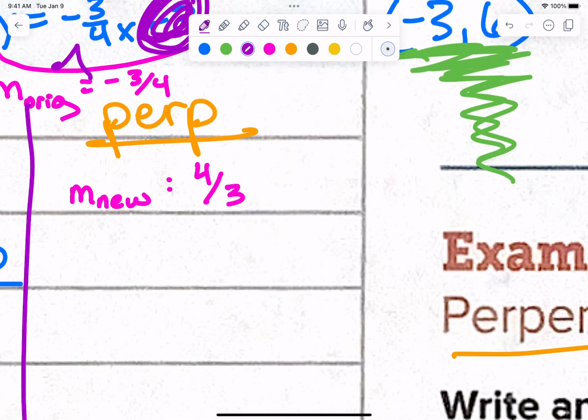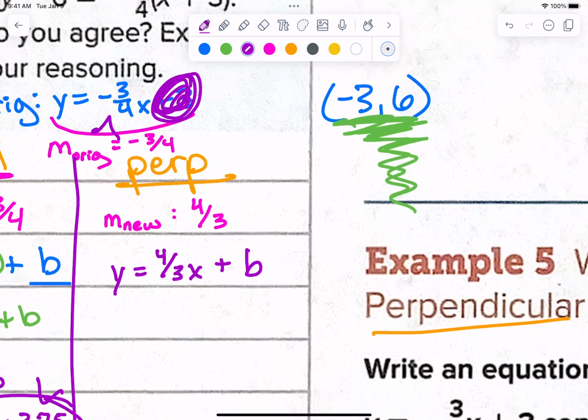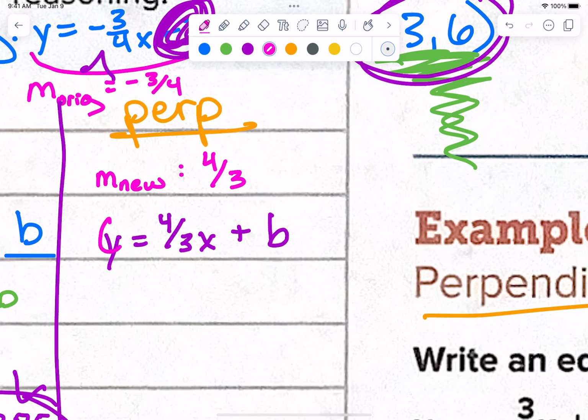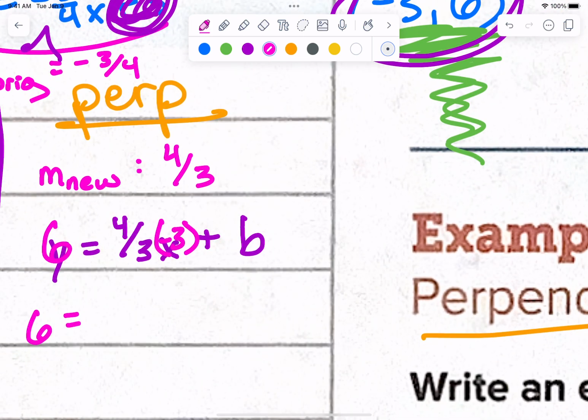Perpendicular. I know that my new slope needs to be 4/3. So I'm gonna start with y equals 4/3 x plus b, and we gotta find the new b by plugging in negative 3 comma 6. So 6 goes here, negative 3 goes here. 6 equals, do you know what 4 over 3 times negative 3 is? This is like negative 3 over 1, so 4 over 3 times negative 3 over 1.